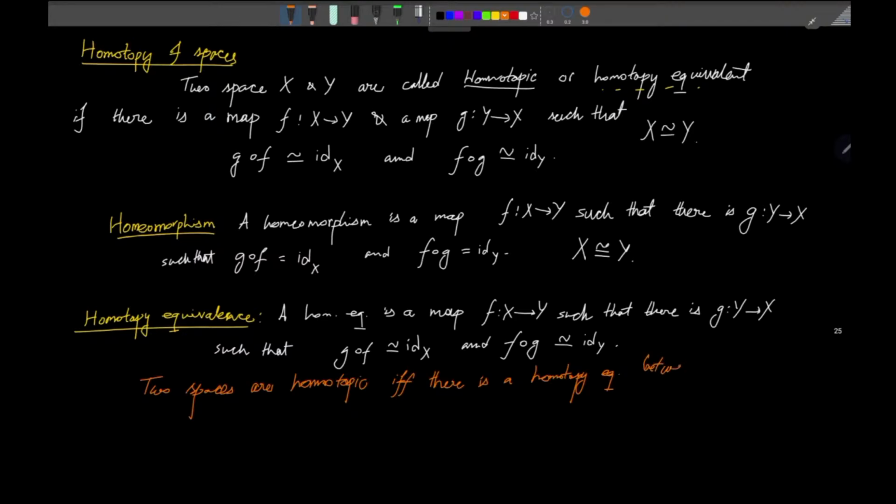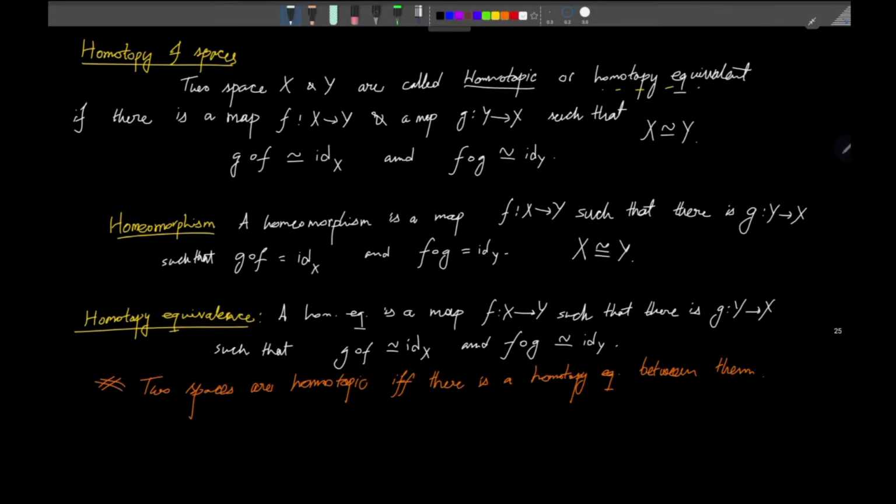So it doesn't really matter in which direction that equivalence is, because for any direction X to Y, you get a map in the other direction as well. So this is basically invertible under homotopy. Usually this is taken as a definition instead of a corollary, but I forgot to define homotopy equivalence maps before the homotopy of spaces. So this is a very nice equivalence statement. You can try and prove it if you want. It's really simple.